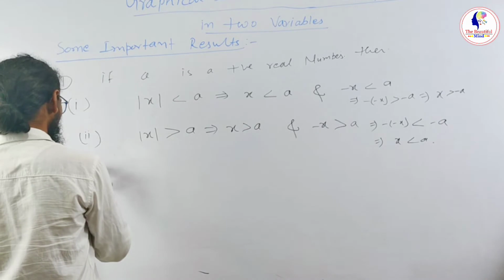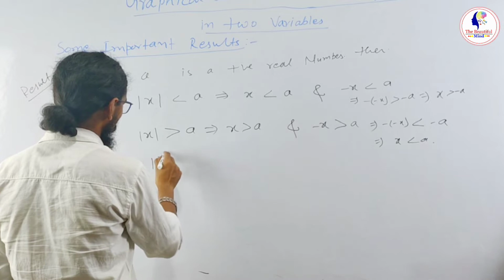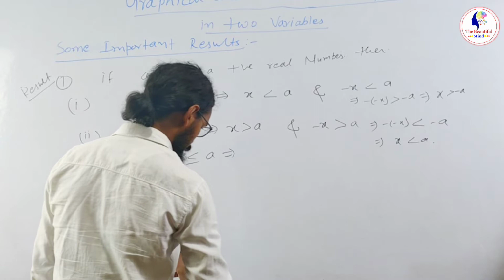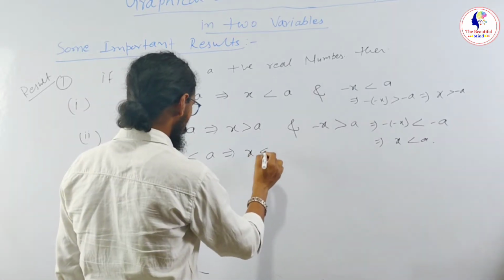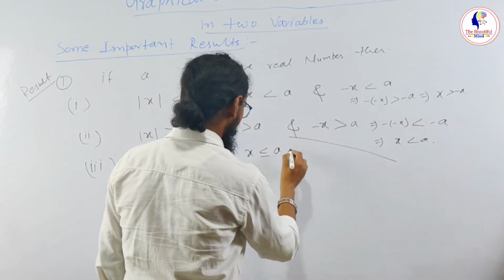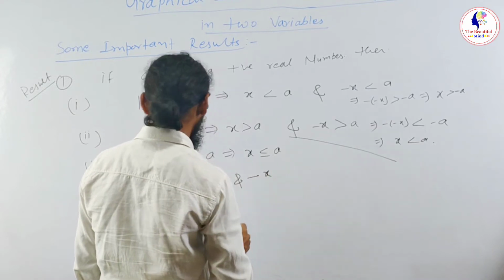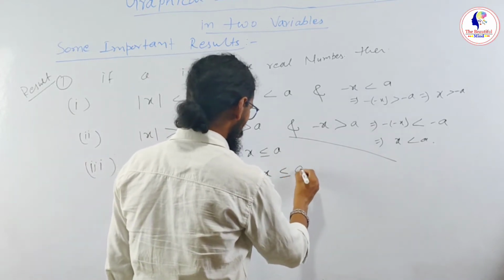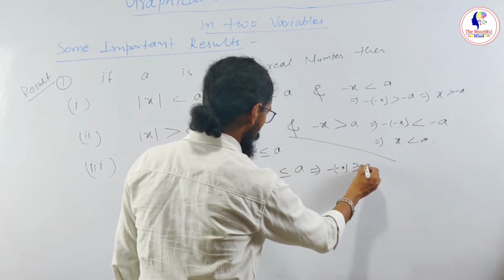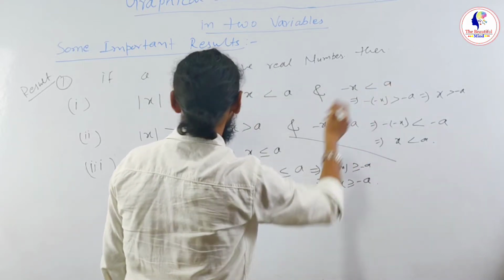Now third, if modulus x less than or equal to a, this implies that x less than or equal to a and minus x less than or equal to a, which implies that minus x greater than or equal to minus a. This implies that x greater than or equal to minus a.